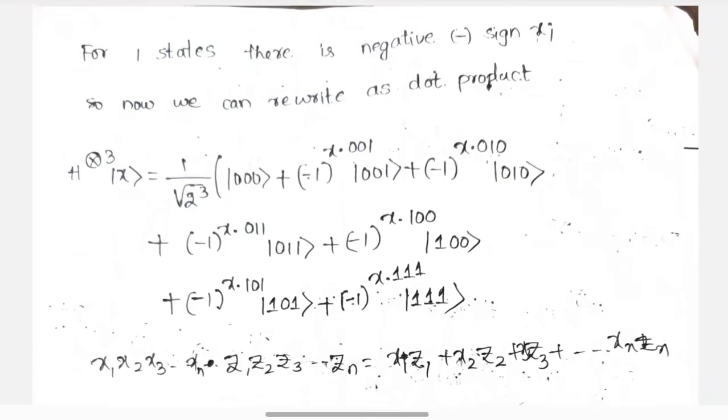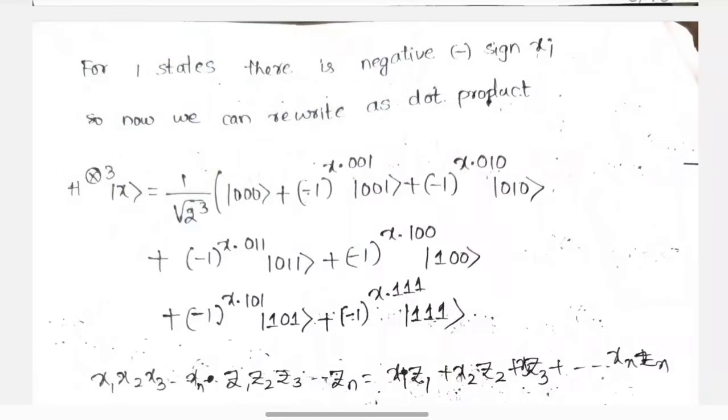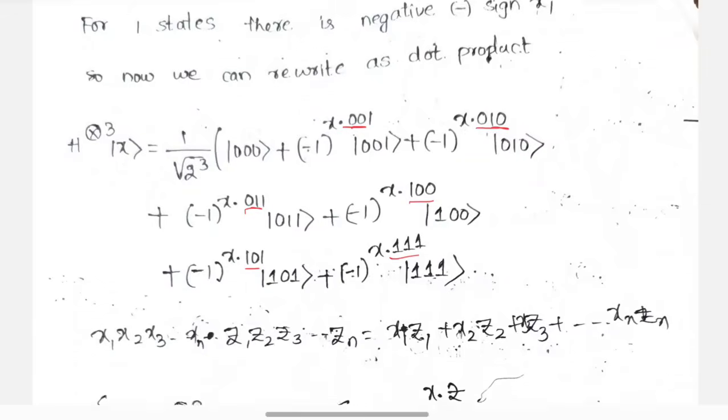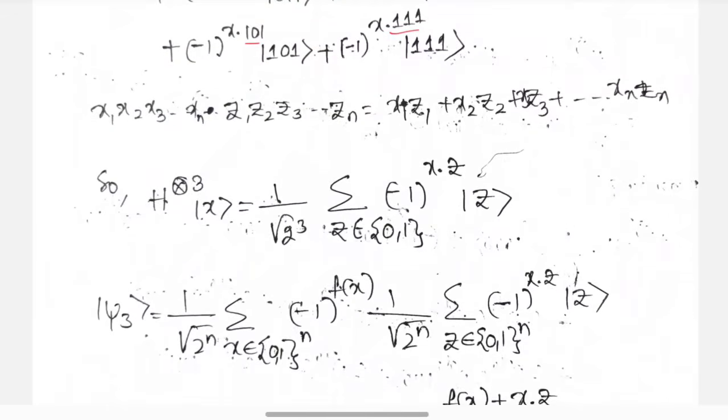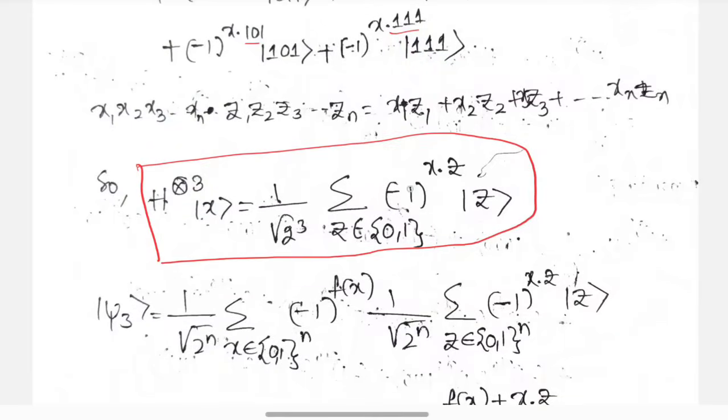Now what I am doing is taking that as the dot product, okay? I will explain what the dot product is. So I can write these as a generalized equation. If I take minus 1 power x dot z, ket z, I can write this generalized equation for h into x, okay?